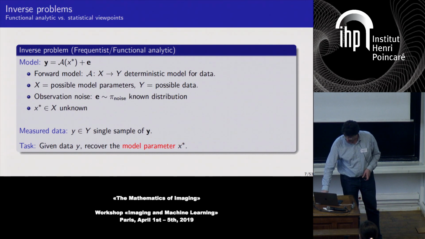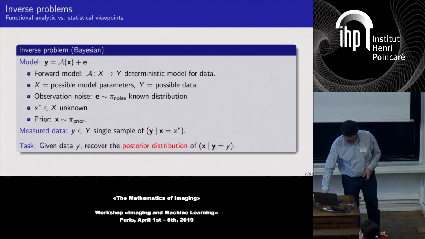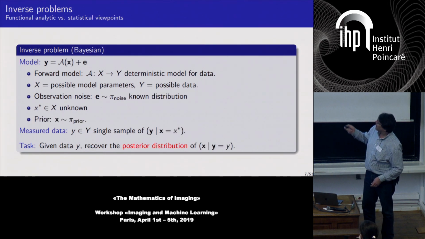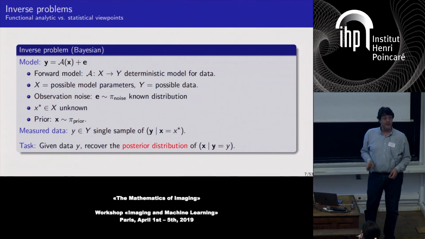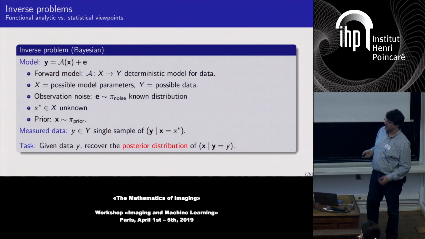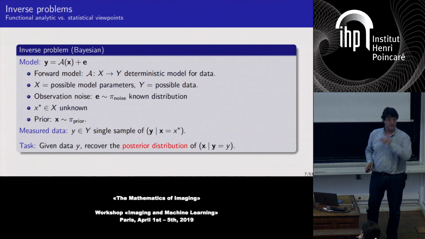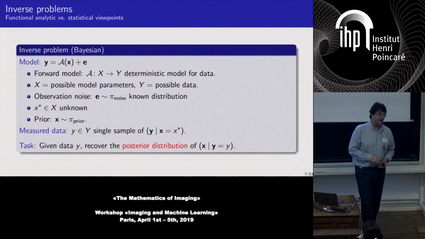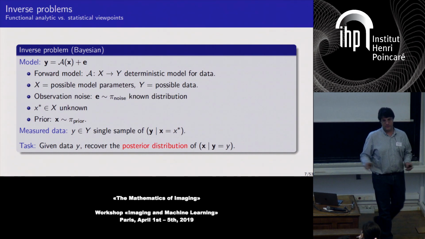The Bayesian view is essentially not a big change. The only change is that you allow the images themselves to be represented by a random variable. Then there is a prior distribution that you put on the space of images. You reformulate the problem and say that you're not looking for a single solution, you're looking for the probability distribution of all possible solutions.